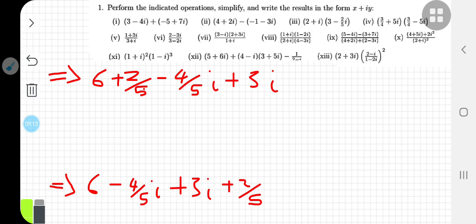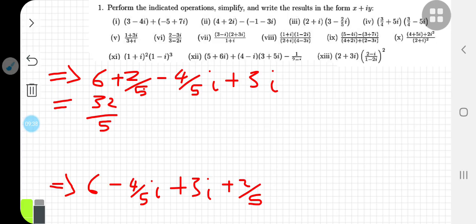What is 6 plus 2 over 5? That will just give us 32 over 5. What about the negative of 4 over 5 plus 3?